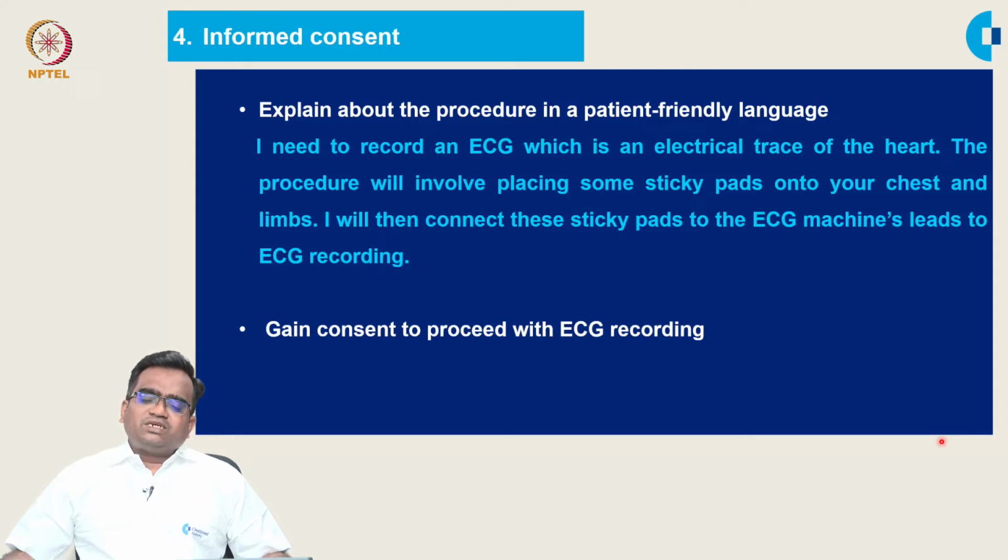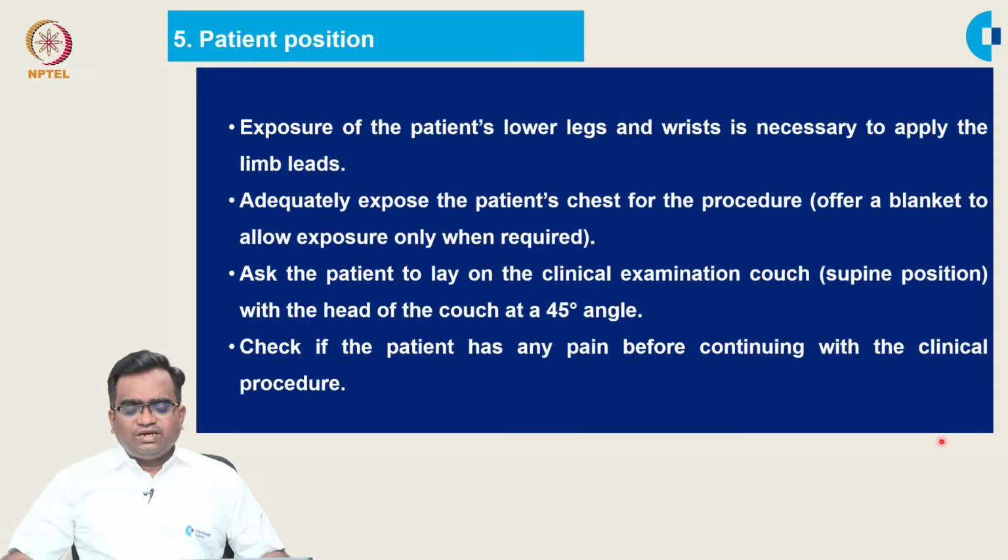The ECG machine records the ECG. So, the entire procedure has to be explained to the patient and consent gained from the patient to proceed with the ECG recording. Next, we are going to see patient position.